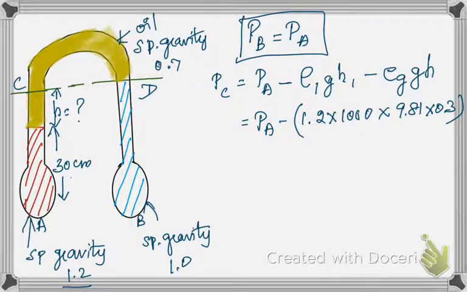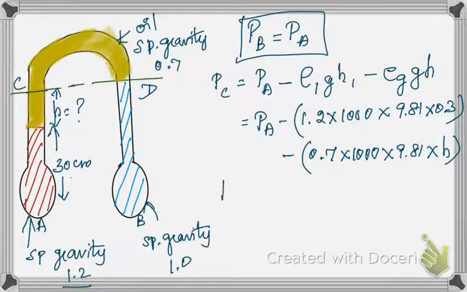Then minus rho g. Sorry, as usual I am taking mercury, but here it is oil. So we have to be careful about which fluid we are using. So oil will be 0.7 into 1000 into 9.81 into the difference. We don't know the value of H. This is what we are going to determine.